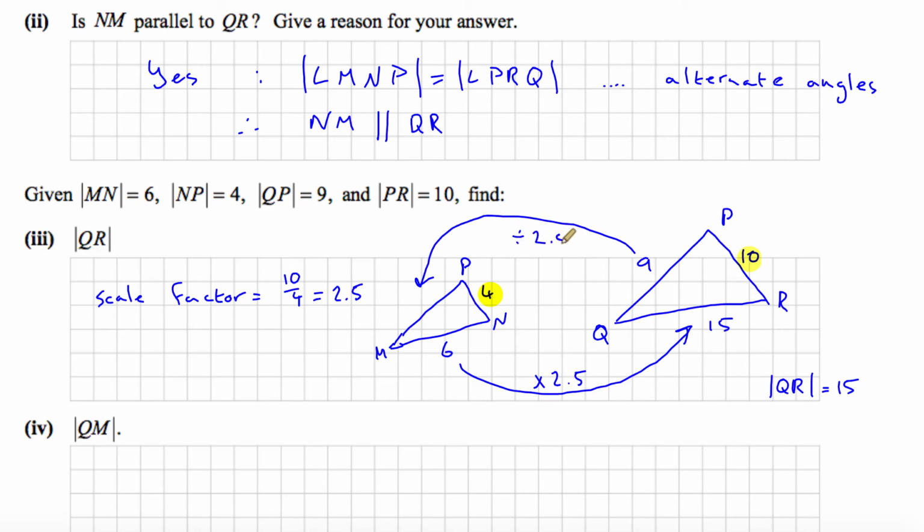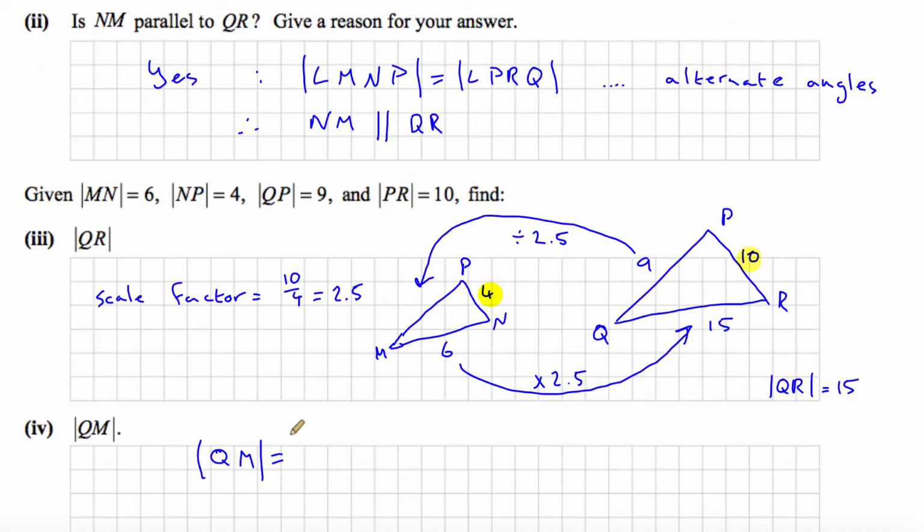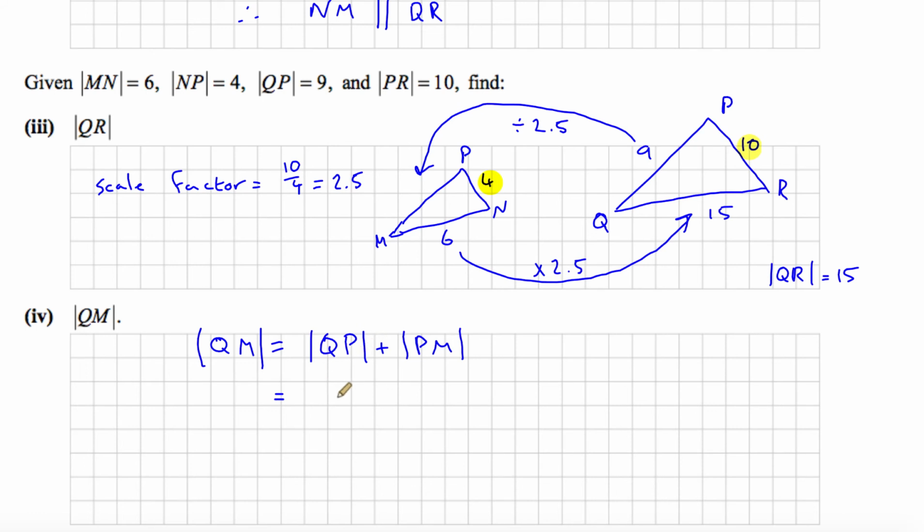So we're going to divide by 2.5 there to find PM. So let's be clear that QM, which we're looking for from the diagram here, is QP plus PM. And that's equal to QP, which we know already is 9, plus PM, which is 9 divided by 2.5.